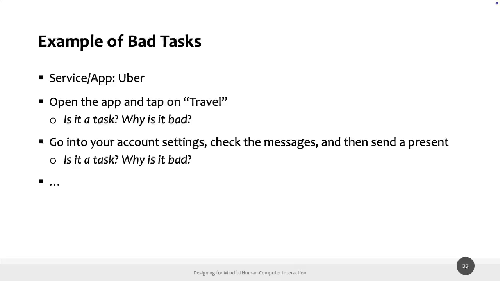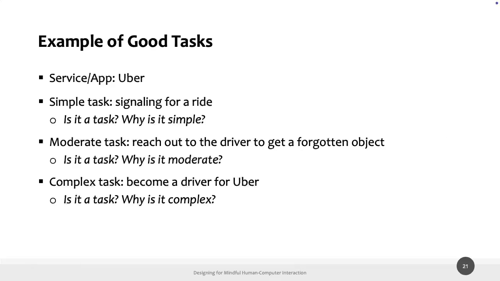If we divide these into three different tasks, yes, check the messages could be a task, probably also send a present. Go into your account settings is probably not a task because it's difficult to understand the goal. Okay, again, having a set of good tasks allows you to ask your experts to evaluate the interface without biases.